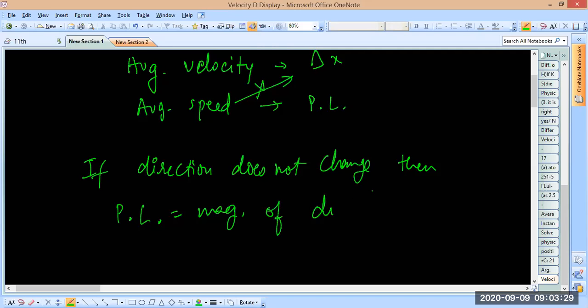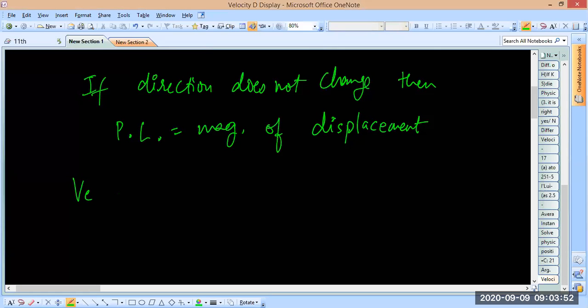This is one of the properties that we noted. It's one of those important points. So right now we are talking about velocity, and velocity means instantaneous. Agreed?